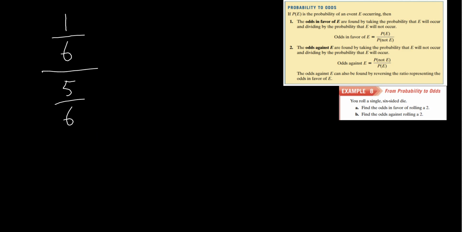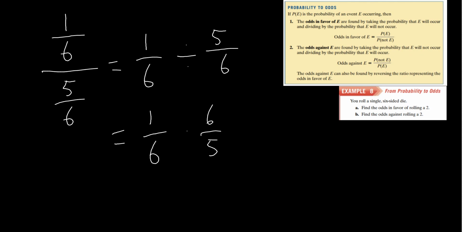But if you recall, this is the same thing as saying 1 over 6, and then we put our division symbol here, 5 over 6, which is the same thing as saying 1 over 6, and then we multiply by the reciprocal, which is 6 over 5. And what is 1 over 6 times 6 over 5? Well, the 6's cancel.